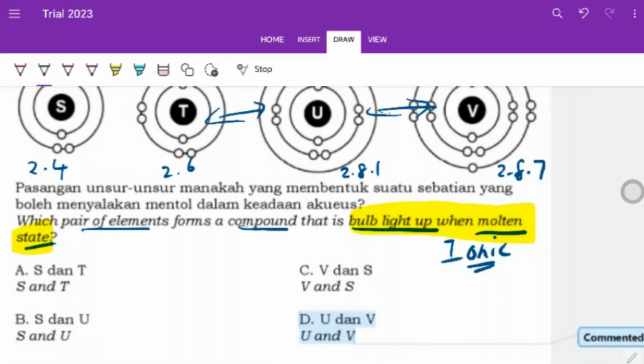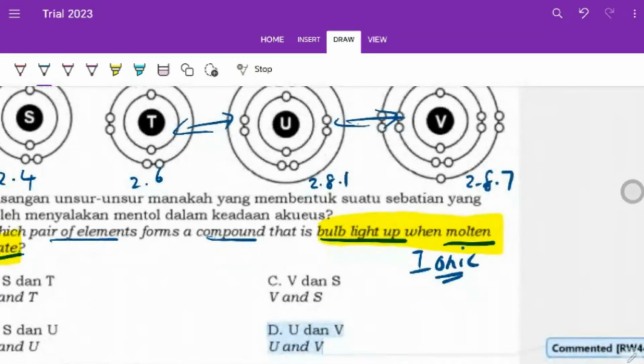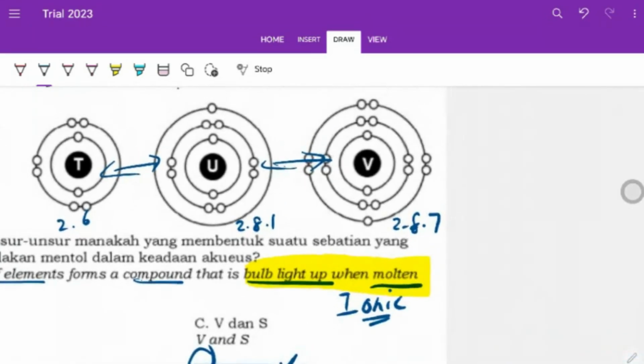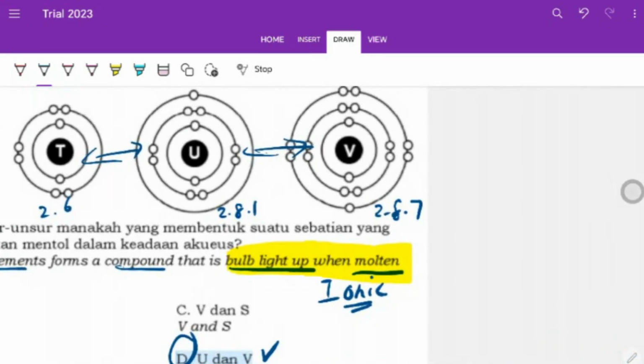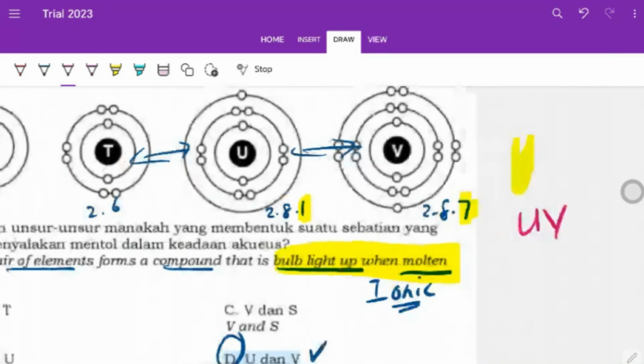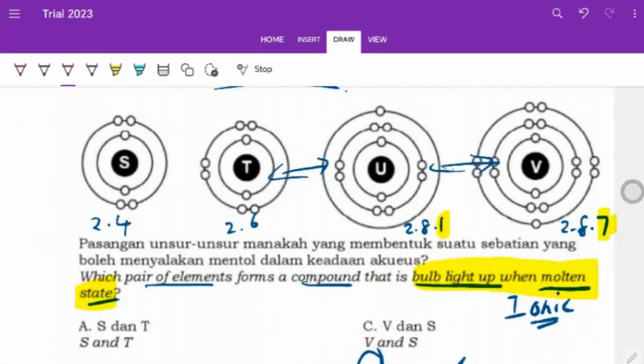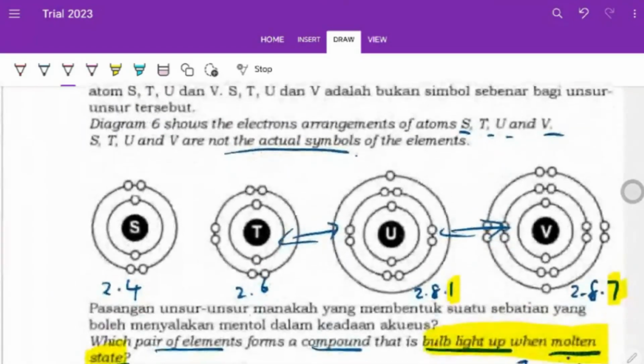If UV, what is the formula? 2 8 7, 1 electron goes to 7. So it becomes UV. If UT, what is the formula?